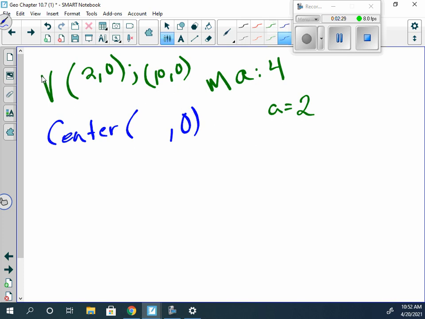So here we know it's going along the X, because we're going from 2 to 10. And it's really telling me that H plus or minus A is going from 10 to 2.